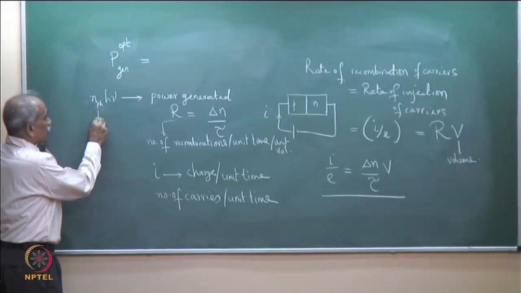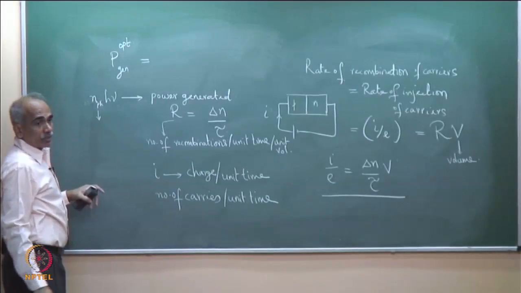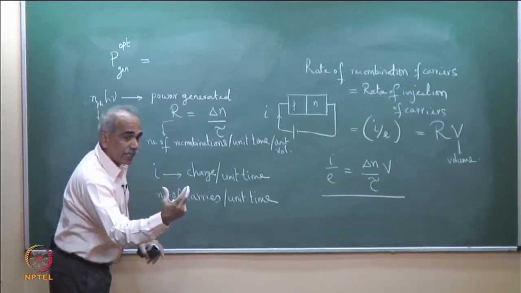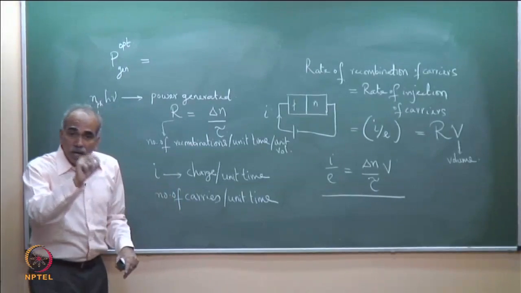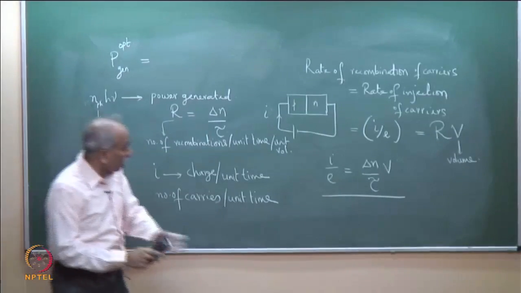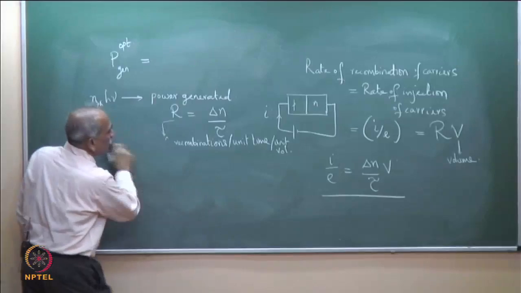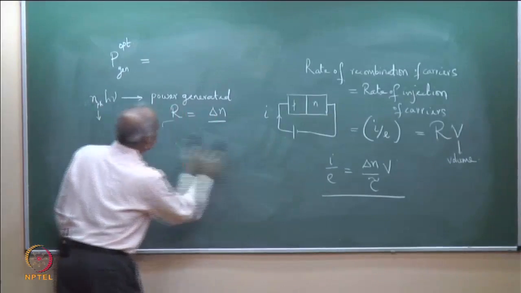The number of photons is determined by radiative recombinations. Out of all the recombinations, eta I times R will give you the radiative ones.